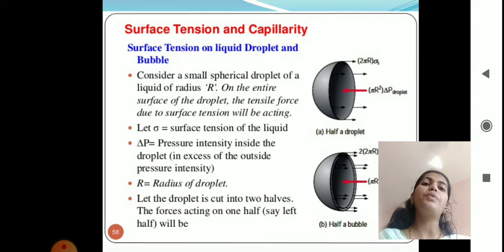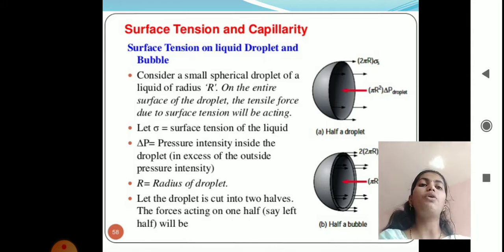in excess of the outside pressure intensity, meaning it is the excess compared to the outside pressure. R is the radius of the droplet. Let the droplet be cut into two halves. Any spherical body cut through the center gives two equal parts, known as halves.